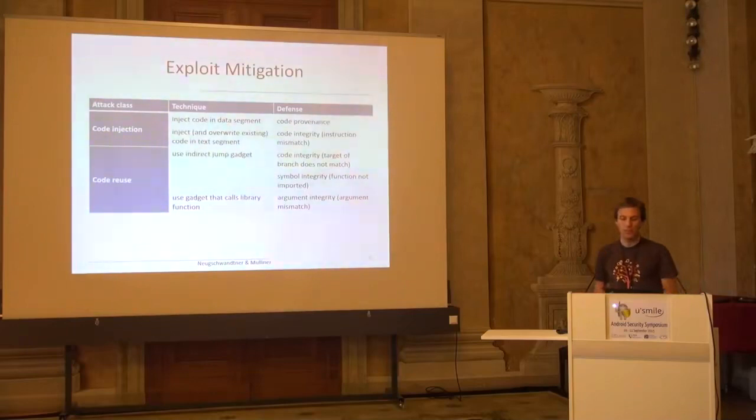And if you use return-oriented programming, so a code reuse attack again, and you use a gadget that calls a library function directly without going through an indirect jump gadget, then we can still check, if we have static arguments, whether the runtime arguments match the arguments that we have extracted from the binary on the disk.